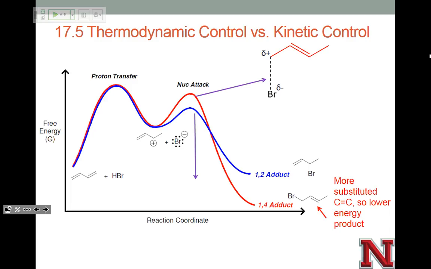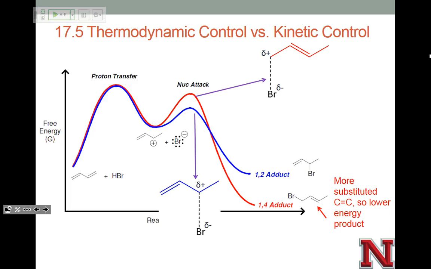And this transition state is going to be higher in energy, because the carbocation isn't as stable. But if we attack the more substituted positive charge, then that's going to be a lower energy transition state. So that's going to lead to... and remember, when we're talking about the kinetic product, we're talking about the product that comes from the lower activation energy.